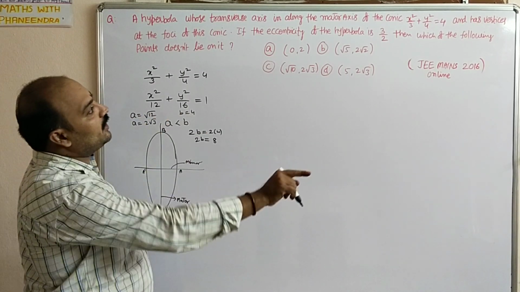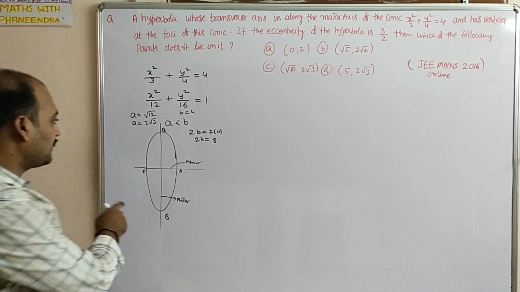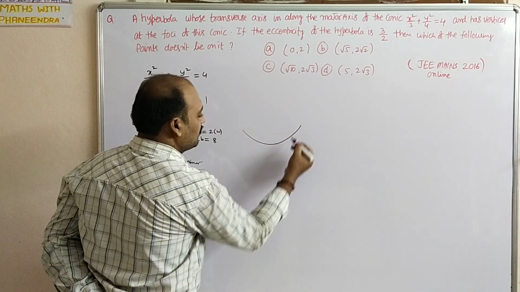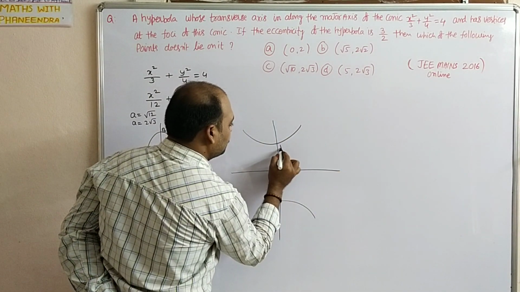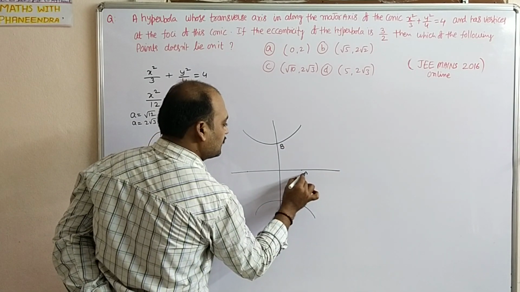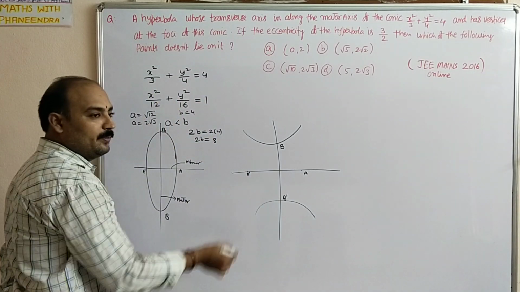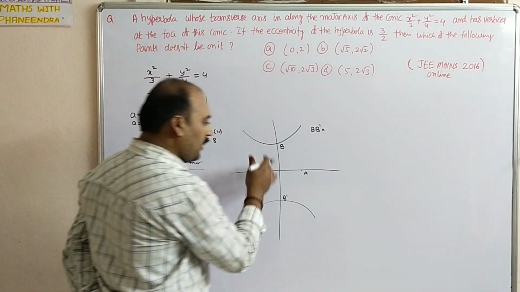They are asking to calculate the equation of the hyperbola whose transverse axis is along the major axis, meaning the hyperbola's transverse axis is also this way. So this is the transverse axis, this is the conjugate axis. This is not required. BB dash is the transverse axis in the hyperbola.